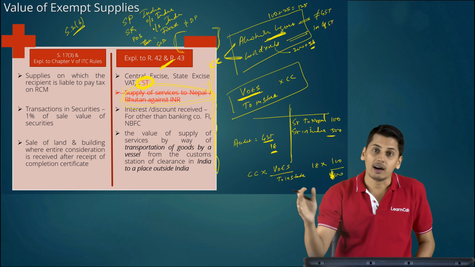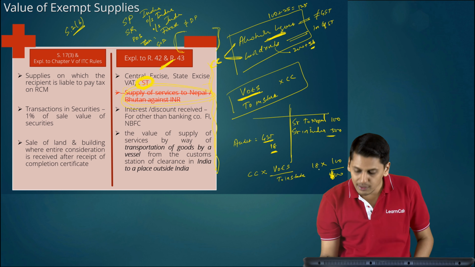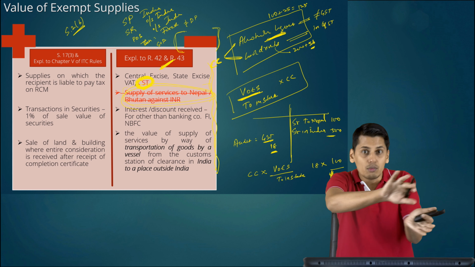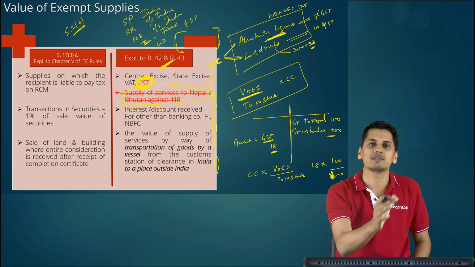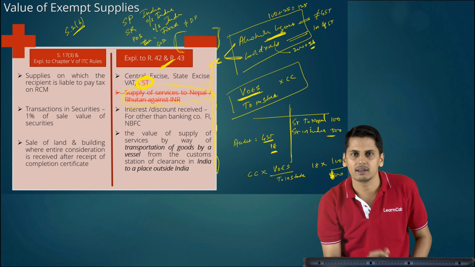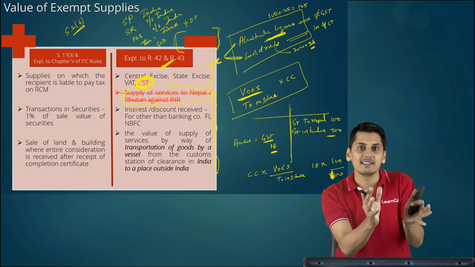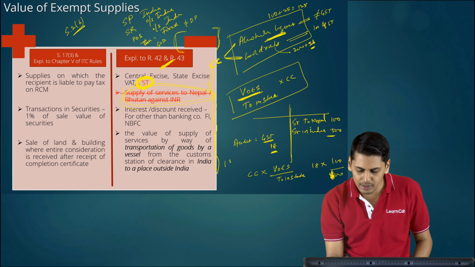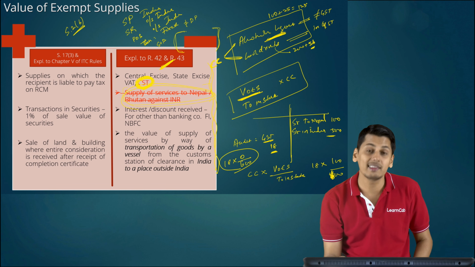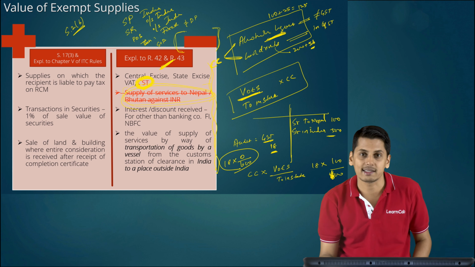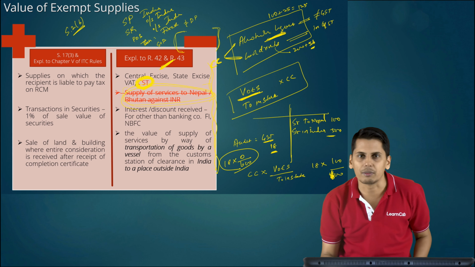So hence, prior to the amendment, even though it was exempt supply, it was removed from the value of exempt supply according to the explanation to rule 42 and 43. So therefore, you did not take services to Nepal and Bhutan inside the value of exempt supply. So it would have been 18 rupees multiplied by 0 divided by 600. So nothing was required to be added to the output tax liability. This was the position prior to the amendment.